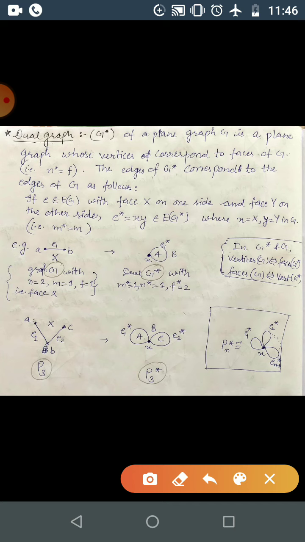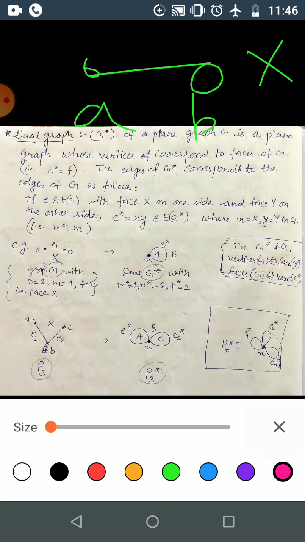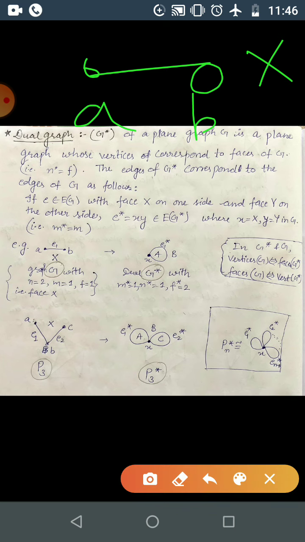Now come to some examples. You can have K2, two vertices and one face. So one face X, two vertices A and B. What is the dual of this K2? You have one face. On this edge, here X is the face, and here also X is the face. One face means there will be one vertex only.